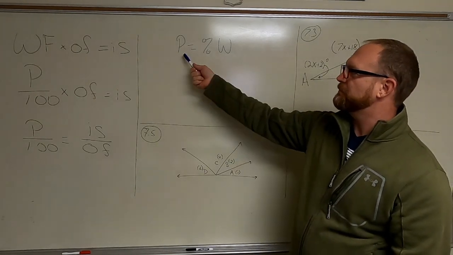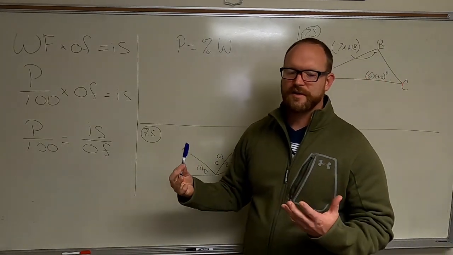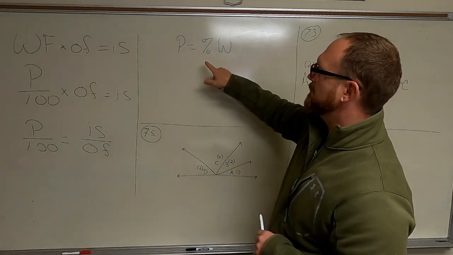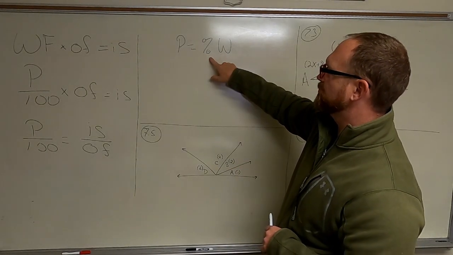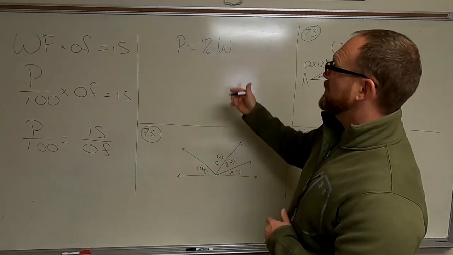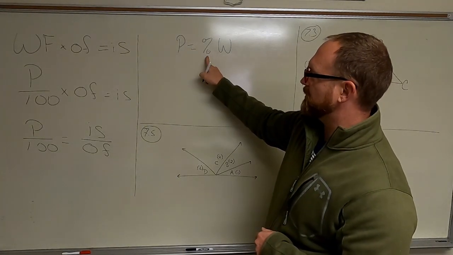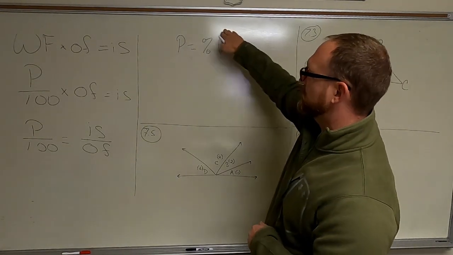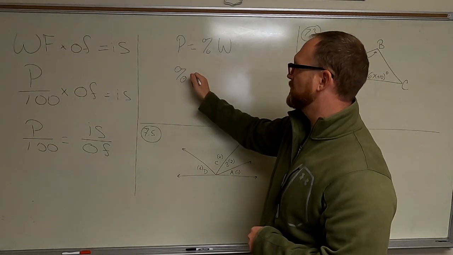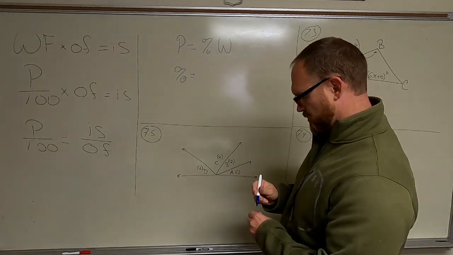If we have part equals percent times the whole, then instead of having to go back and find the formula for percent, I can just use some basic algebra. This one's kind of our base equation, part equals percent times the whole, but if I'm looking for the percent, how do I find that formula? Well, we use some basic algebra.